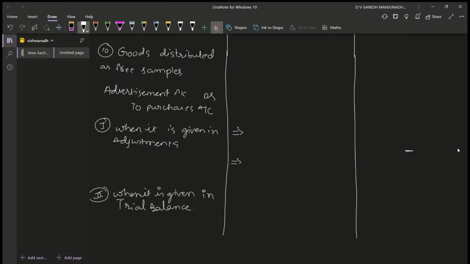That is not at all drawings. If it is drawings, we have seen before in the ninth adjustment, goods withdrawn for personal use. But this is the adjustment regarding advertisement, a marketing technique. Actually it is to be deducted from the purchases in the trading account, that we already know.